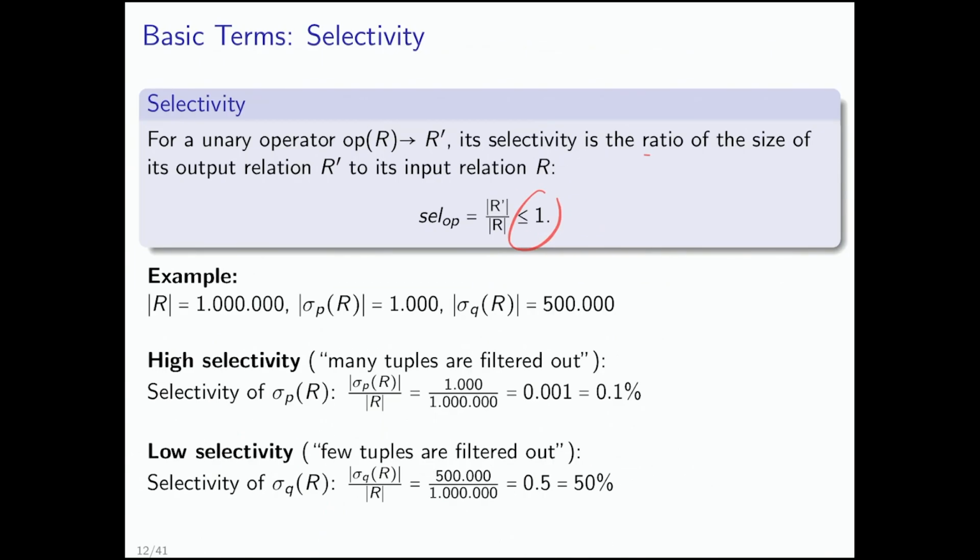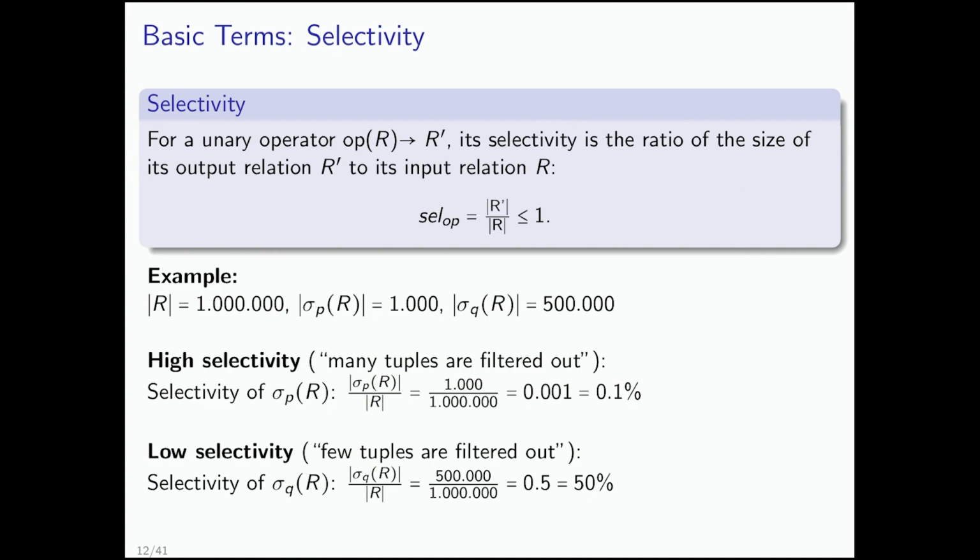And there's a problem with naming of selectivity. Often there's a confusion here, and that is high selectivity versus low selectivity.